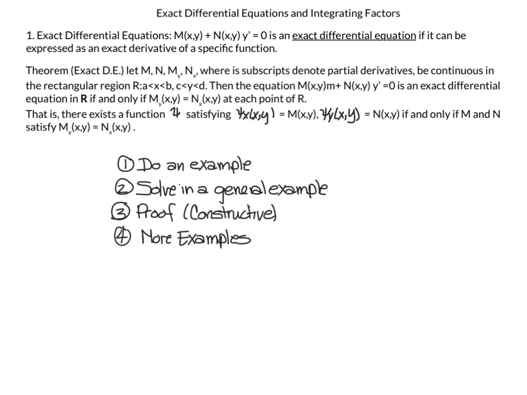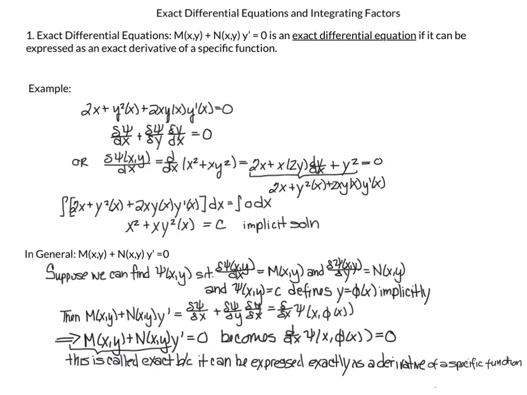So now we're going to look at solving the general equation here, M(x,y) plus N(x,y) y prime equals 0. To look for a general solution, I started here by putting our last example up here for reference.